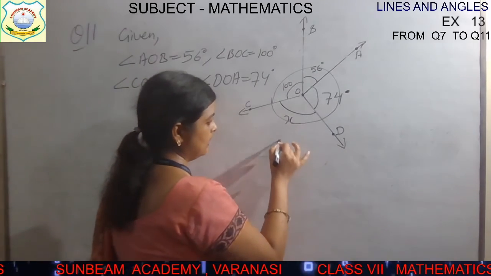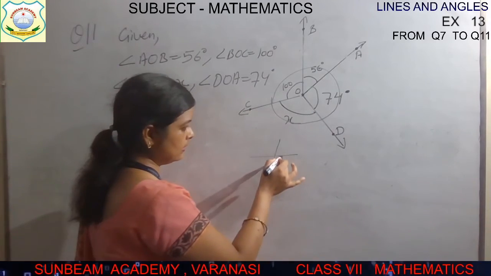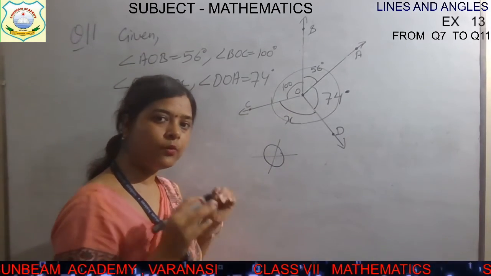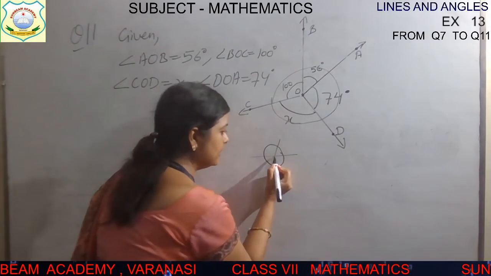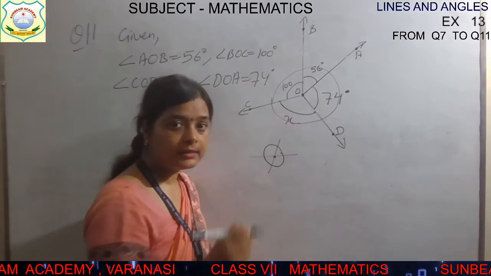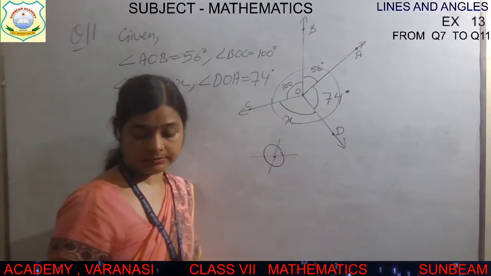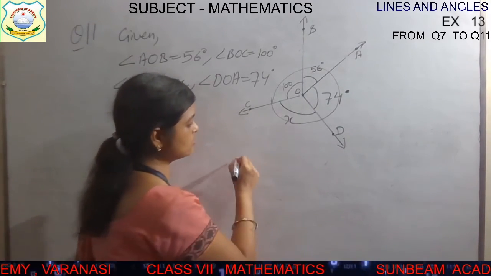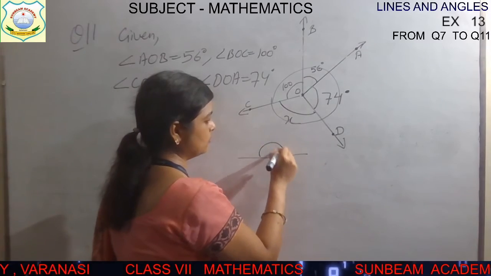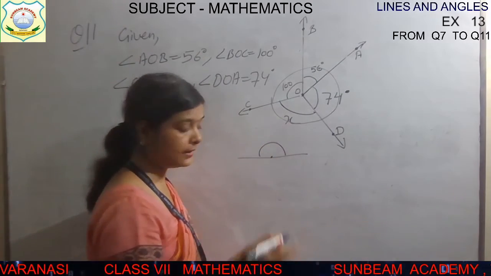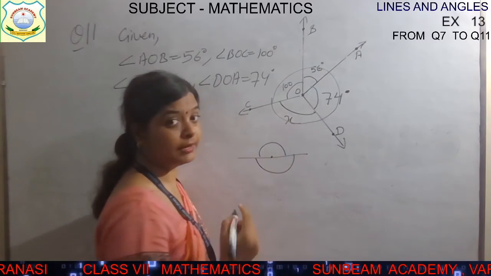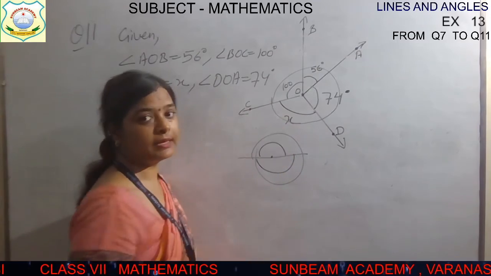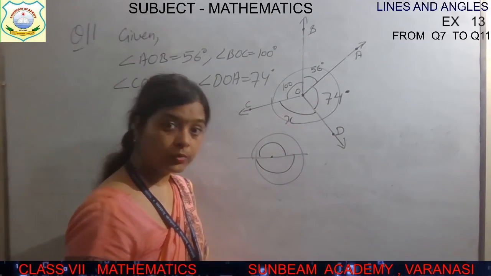The sum of all angles on a single point, here it is O, is making a complete angle and it will always be 360 degree. If it is a straight line, then the upper portion will make half, that is 180 degree, and another portion will make 180 degree. So the complete angle will be 180 plus 180, that is 360 degree.